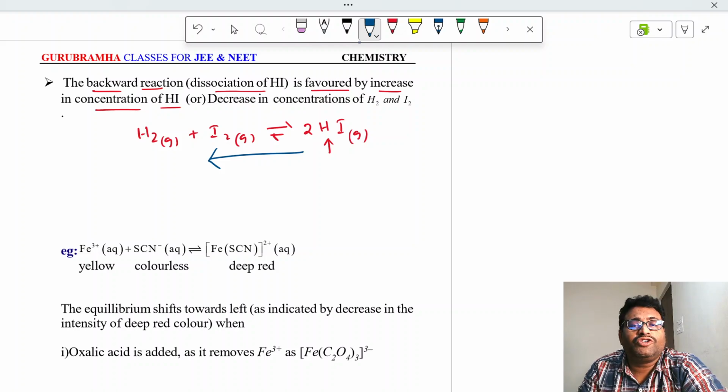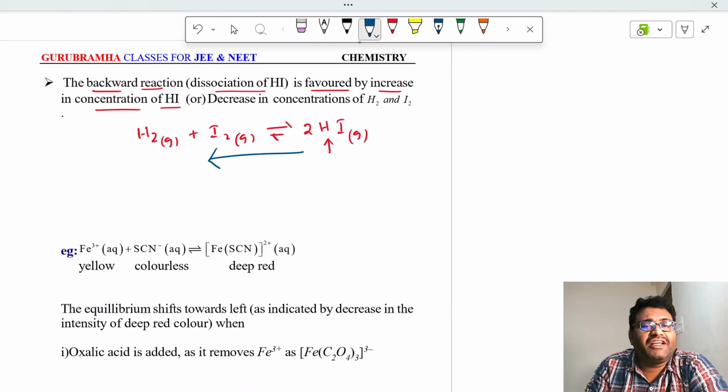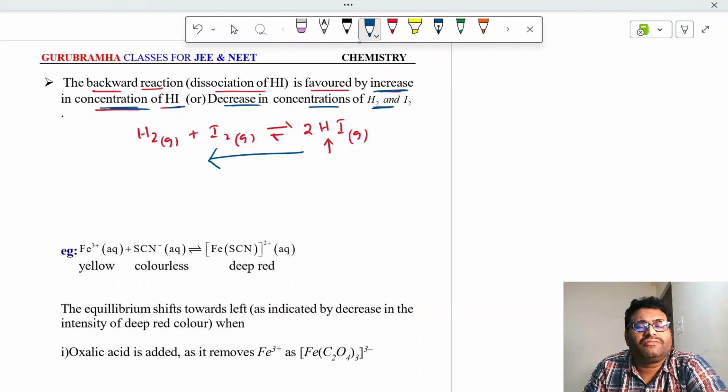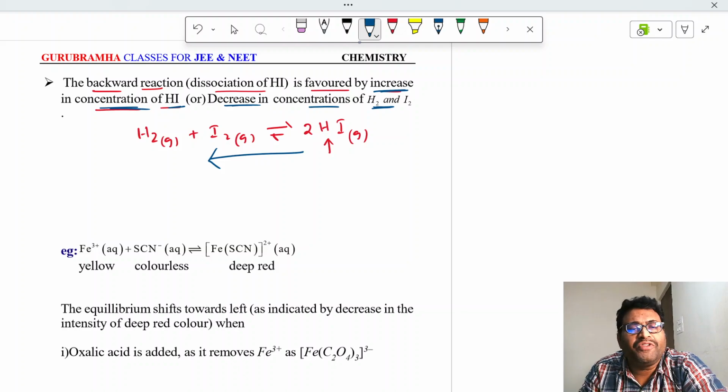Okay. So on adding HI, or on decreasing the concentration of H2 and I2, let us take that H2 and I2 concentration is decreased. So some H2 and I2 is removed from the container. When you remove it from the container, equilibrium is disturbed.